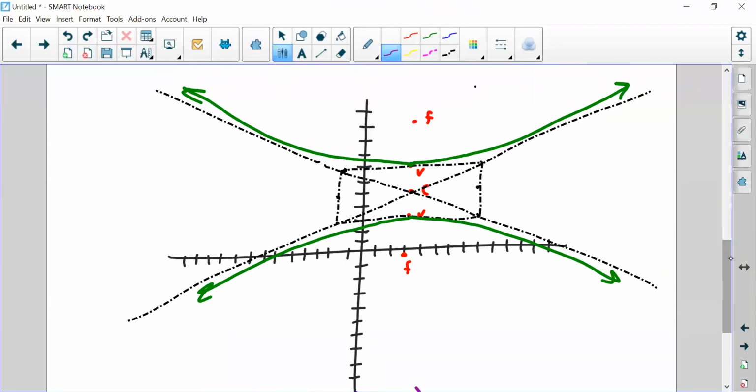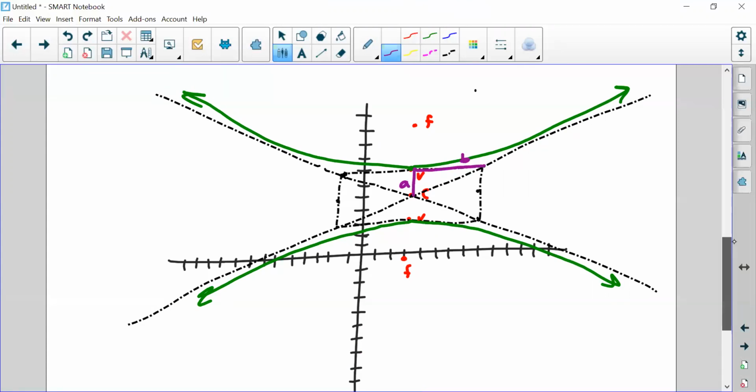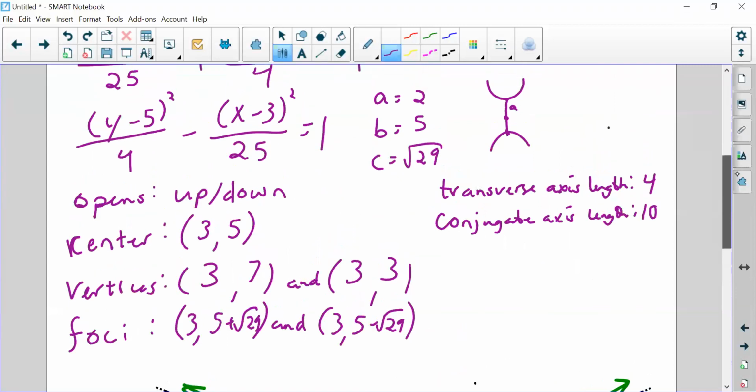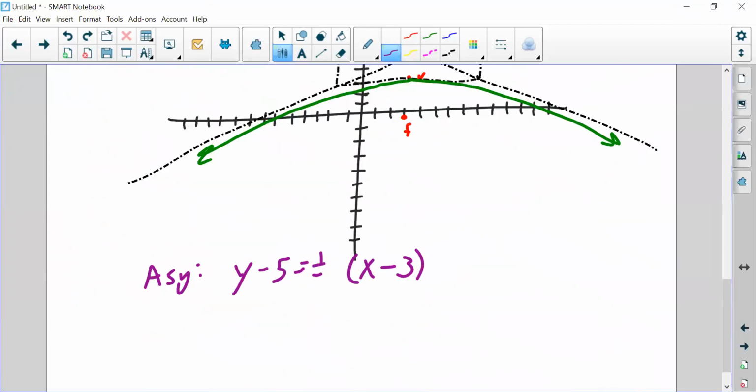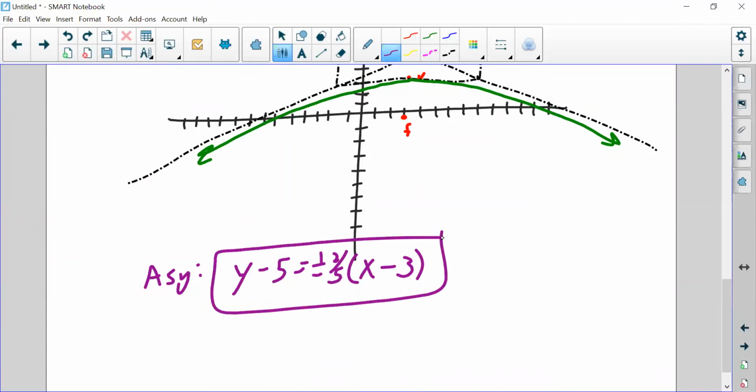Okay. And then to get our slope here, we went up a and b. So our a is 2, b is 5. So a plus or minus 2/5. That's our equations of our asymptotes.